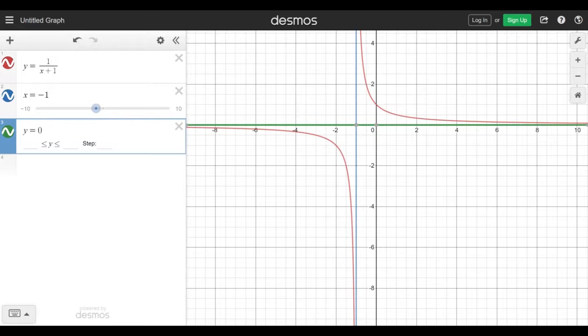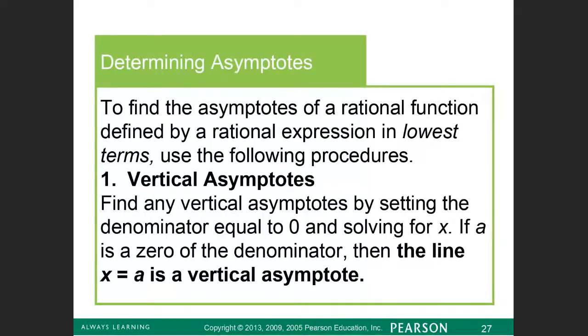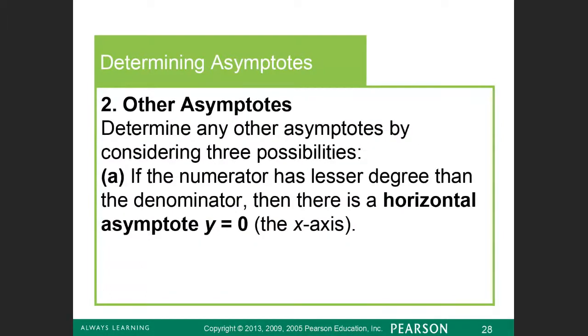Okay, so let's go back to the rules again. So we are following the first rule here, finding the vertical asymptote. That's the first one, and we got x is equal to -1. And then we follow the second rule, 2a.